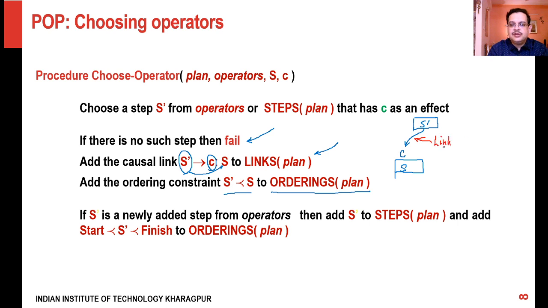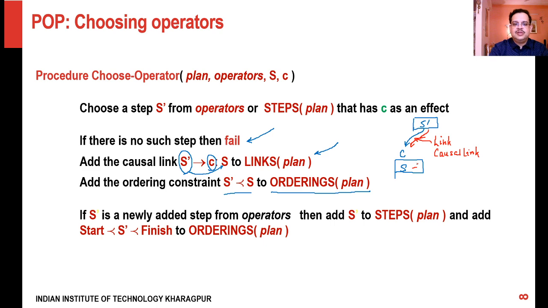In this case, it's a causal link. It's a causal link because it causes the precondition C, which is the unfulfilled sub goal of S.